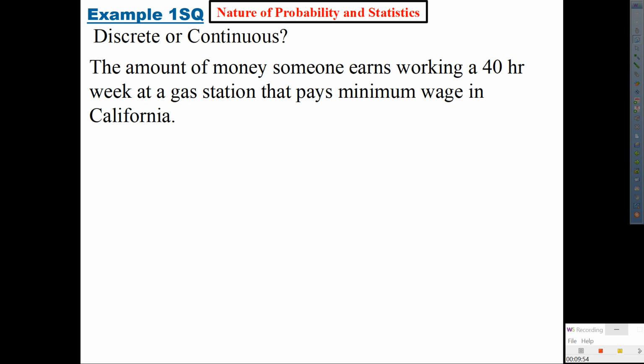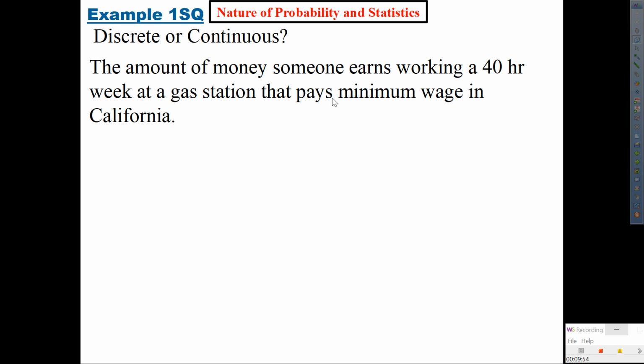Okay? How about Valeria? What do you think? Continuous would be correct if we didn't cap it with a what? Minimum wage. Does that make sense?